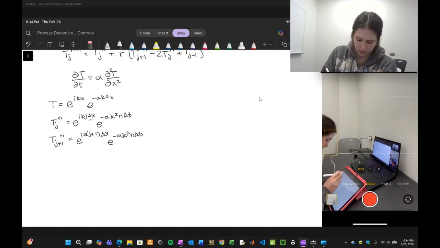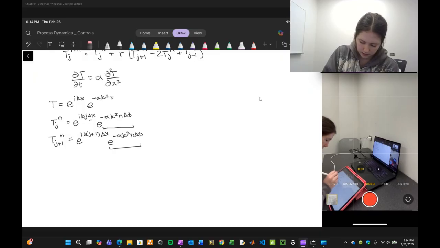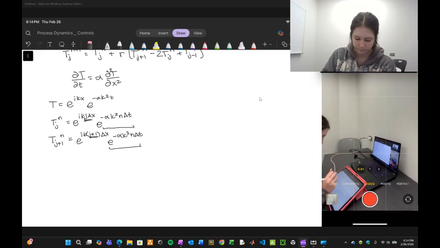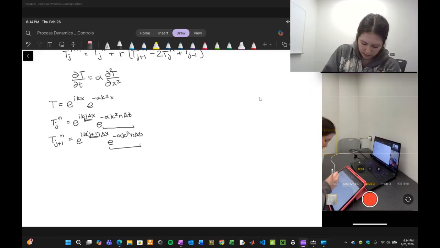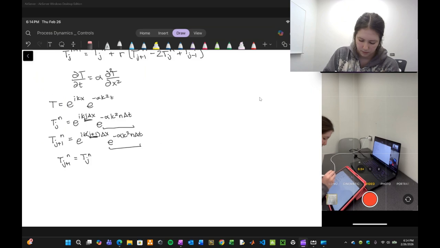So notice here that these two terms are the same, and the only difference here is that there's a plus 1. So we can redefine this as being equal to T_j to the n, because this plus 1 right here generates this term, and it will be e to the i k delta x.